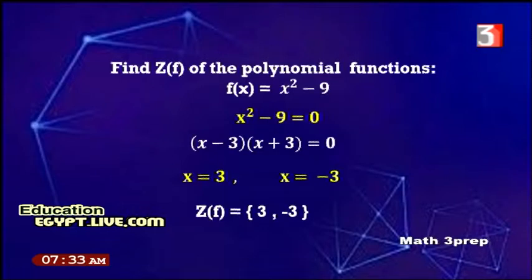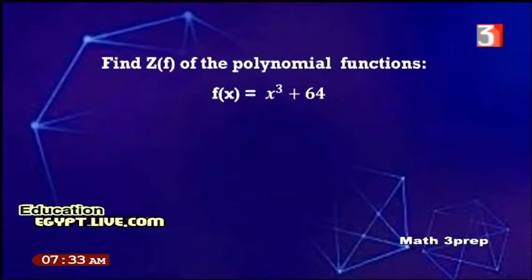Another example. Find the set of zeros of the polynomial function f of x equals x to the power of 3 plus 64. To find the set of zeros, you are going to equate the function to 0. So x to the power of 3 plus 64 equals 0.